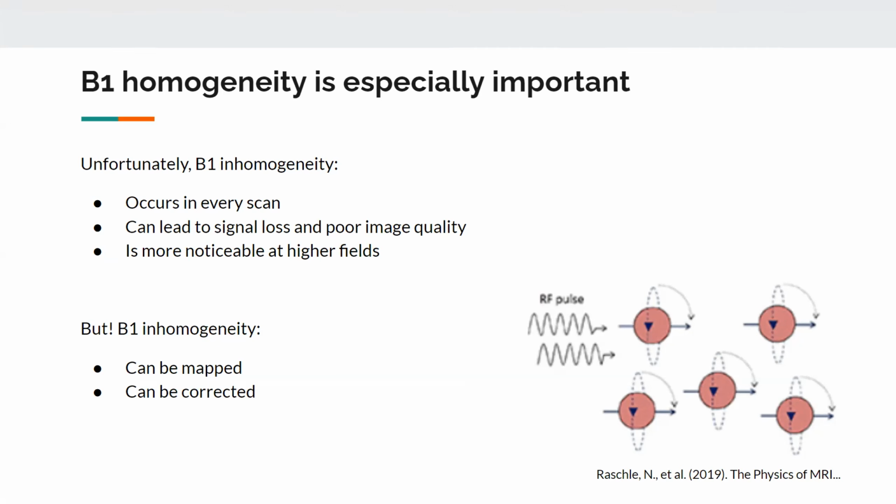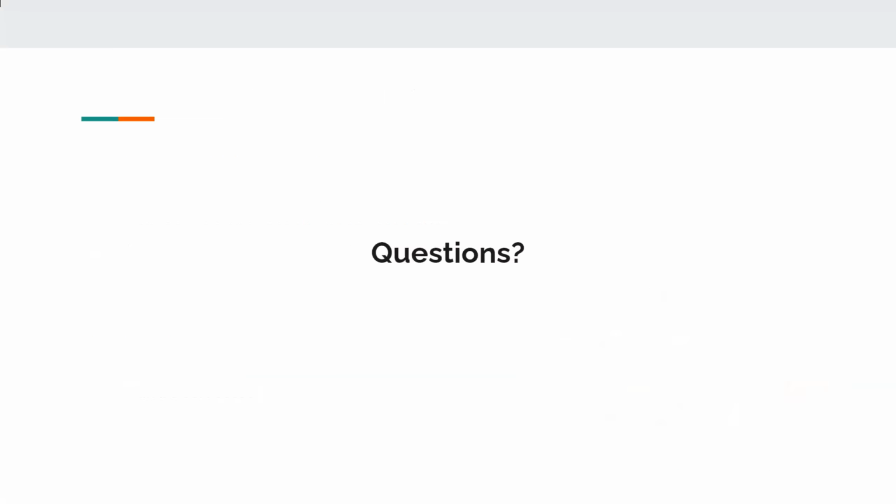And as we showed, it was more noticeable at higher fields, but luckily it can be mapped and corrected, and the technique you choose really just depends on the scan time you'd like, and also what you'd like to do with the images, like diagnosing from the images. So yeah, thanks. And we're also happy to answer any questions.